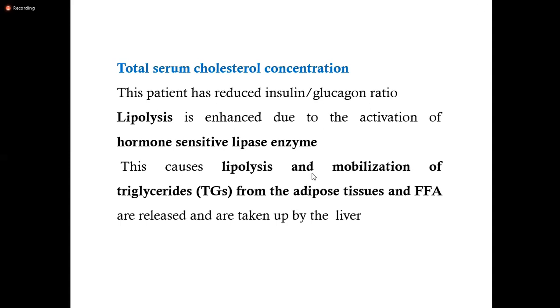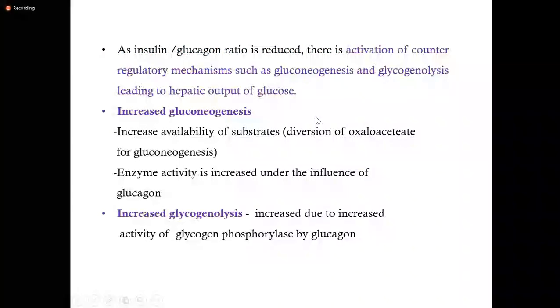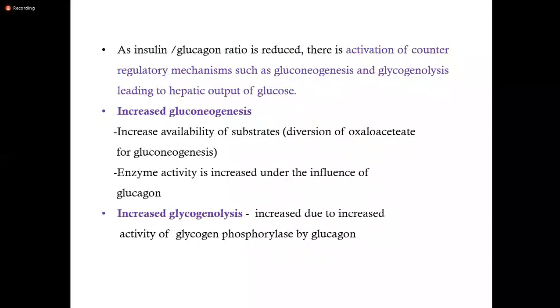As the insulin to glucagon ratio decreases in diabetes mellitus, there is an induced activity of hormone-sensitive lipase. This increases the lipolysis in adipose tissues. The increase in lipolysis releases free fatty acids into blood, which are then taken up by the liver.